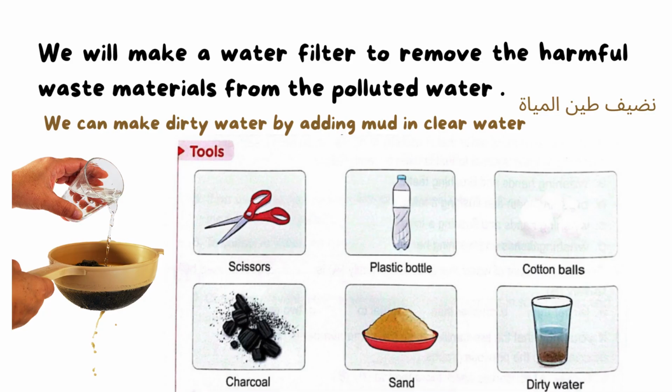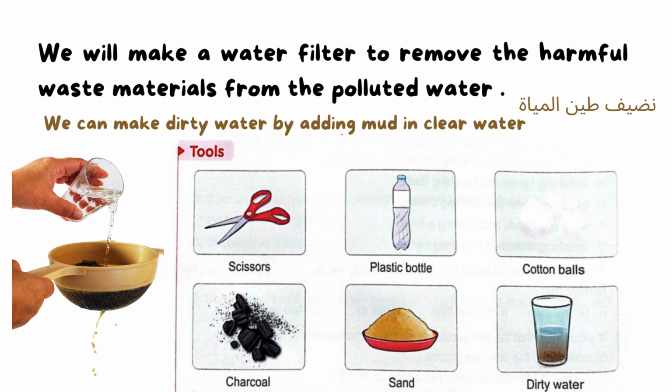So now we will make a water filter, to know the idea of filtering water, to remove the harmful waste materials from polluted water. To make dirty water, we need to add mud, you know mud, yes, to clean water.